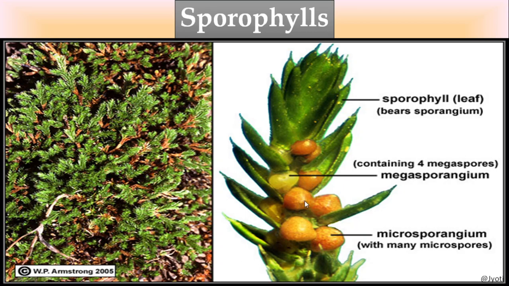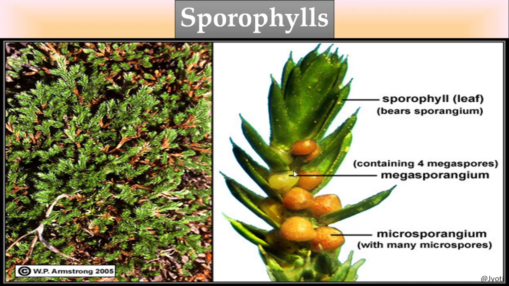Here you can see two types of sporangia. One is the megasporangium, which is bigger in size, and produces the megaspores, spores which are larger in size. In contrast, the other type of sporangium has many microspores.